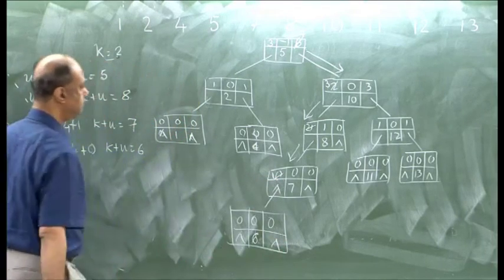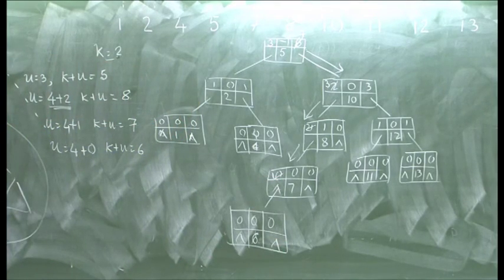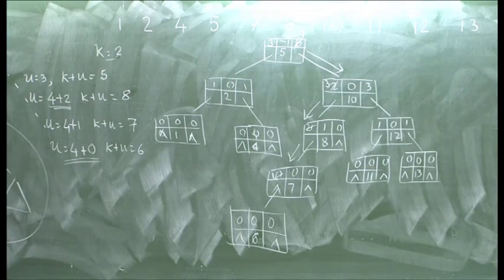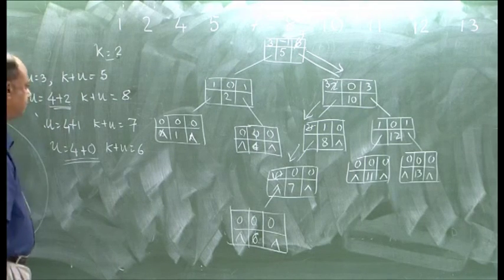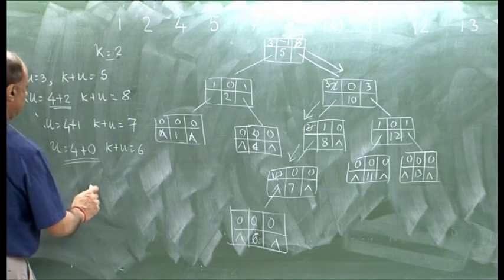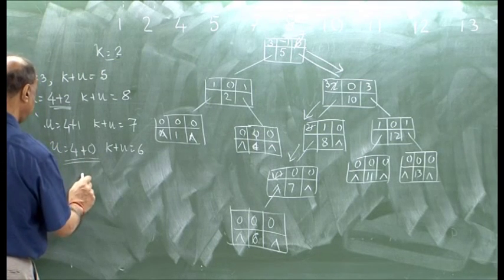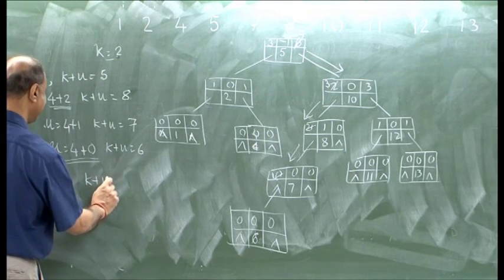This becomes 1, right? And your u is 4, okay? So what is happening? That means k plus u is 6.